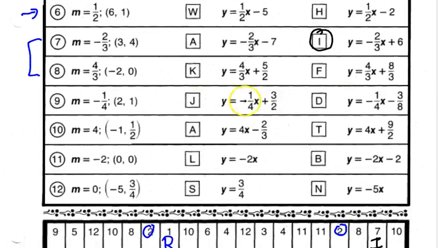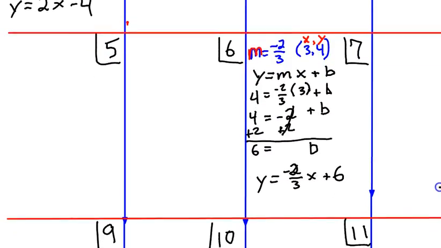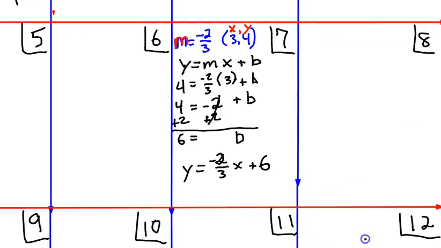Let's do one more with a y-intercept that's a fraction as well. Number 8, 4/3, and negative 2 comma 0. So we can write up the question, 4/3, coordinate negative 2 comma 0, and then write y equals mx plus b below it.